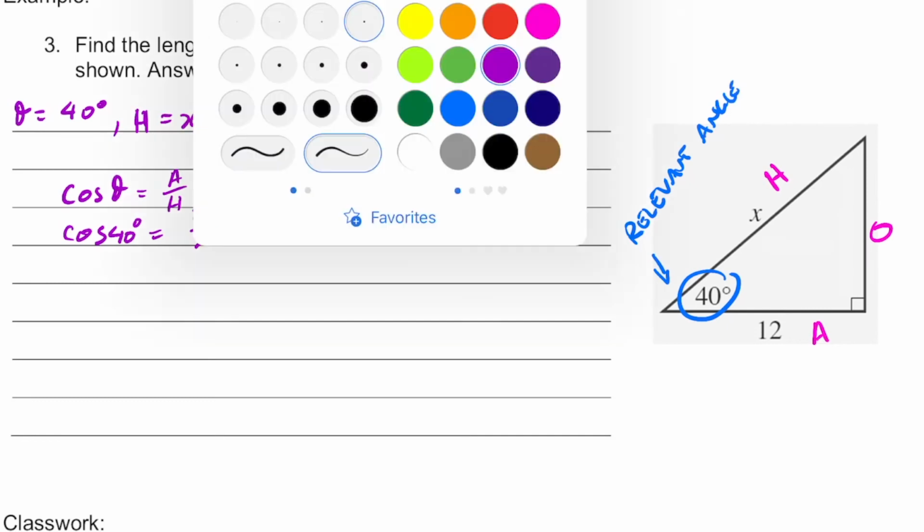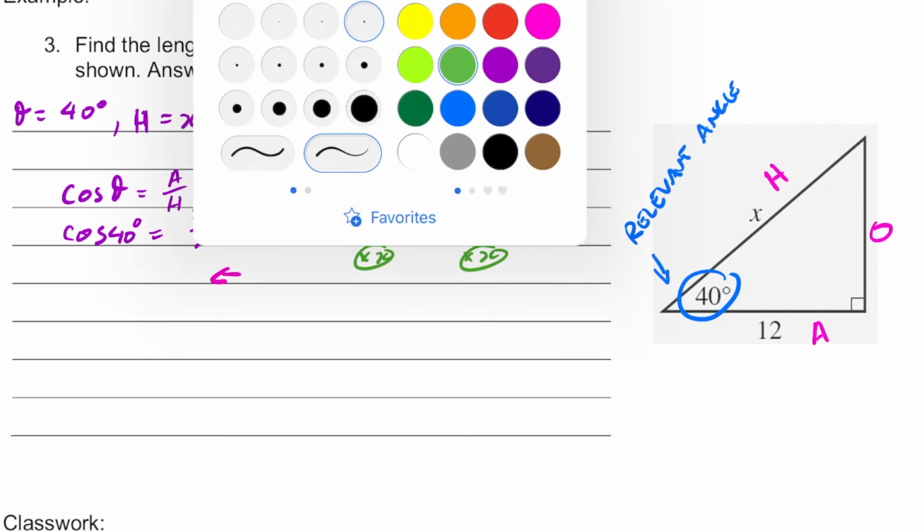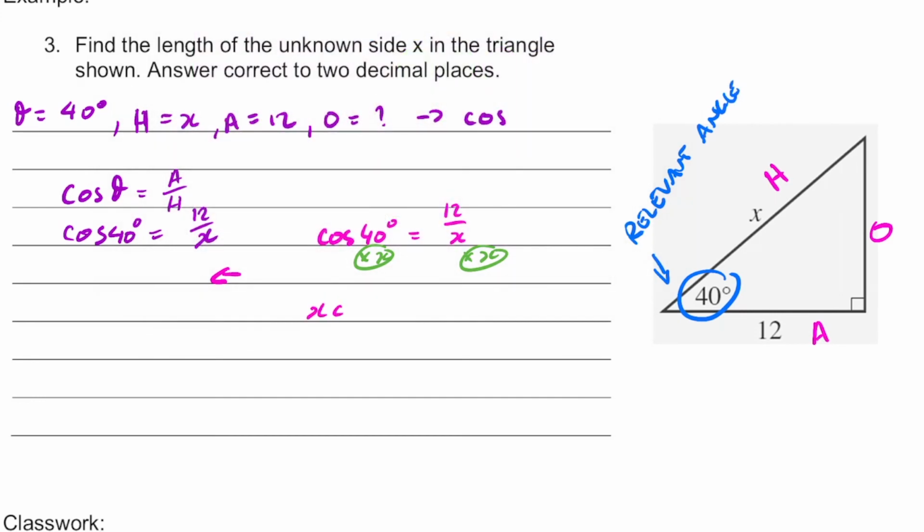So in this little section here, all right, what we're actually going to be doing is we're going to multiply both sides by x, which is going to give us x cos 40 equals 12.